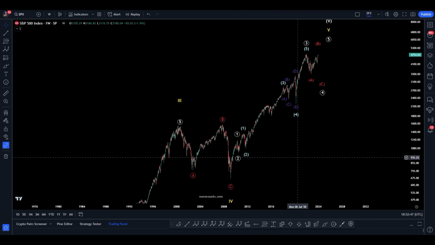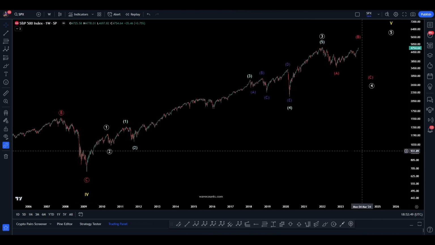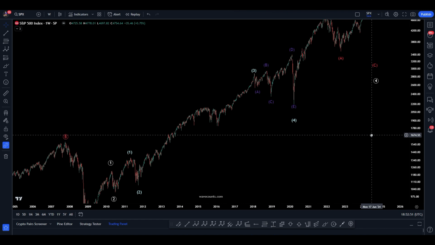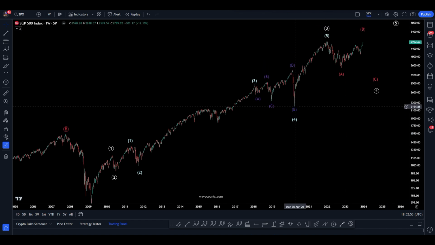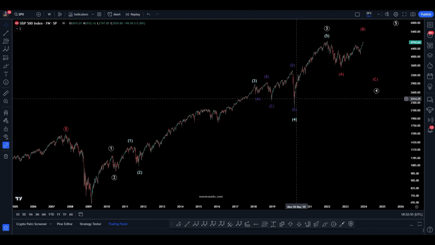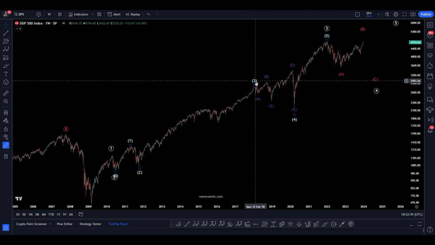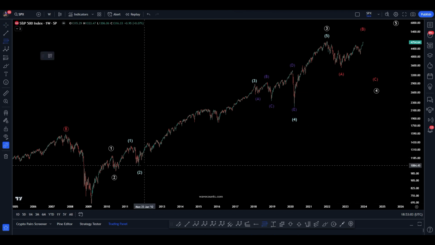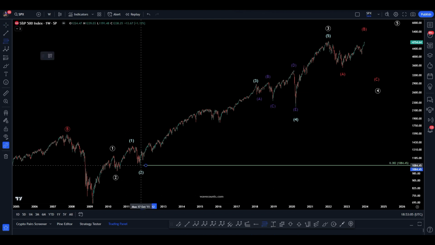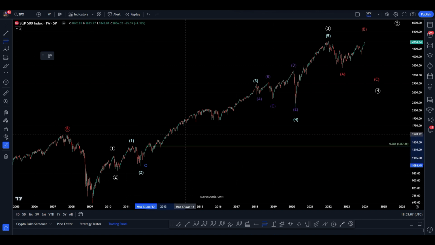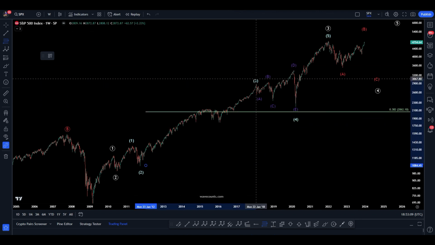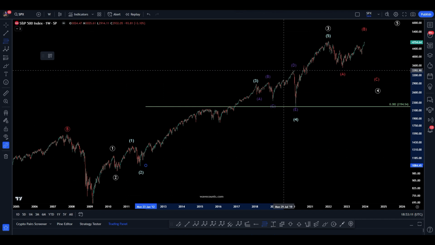We have a fourth wave here on this triangle, which is the fourth wave of this light blue count. If we measure from the start of that wave 3 up to this D wave, we get a 38.2% retracement.